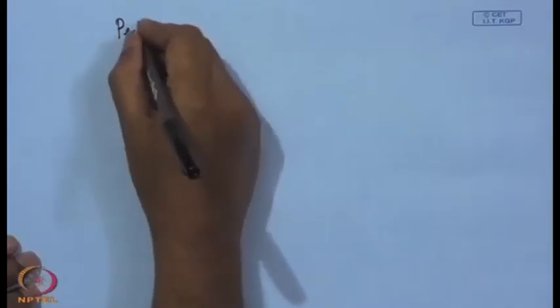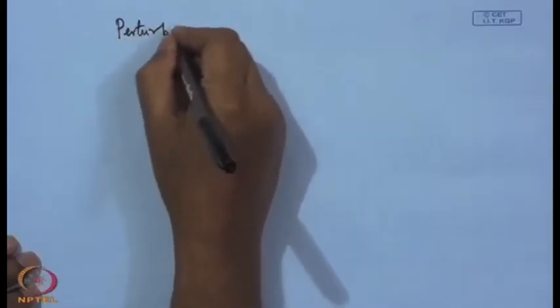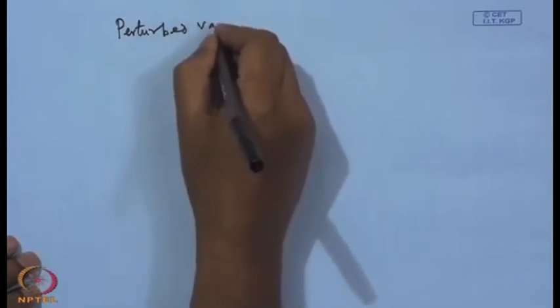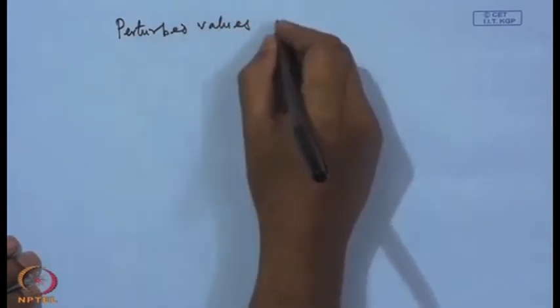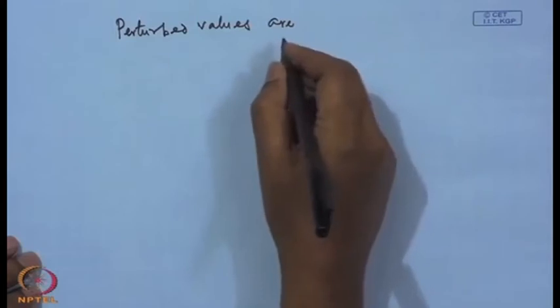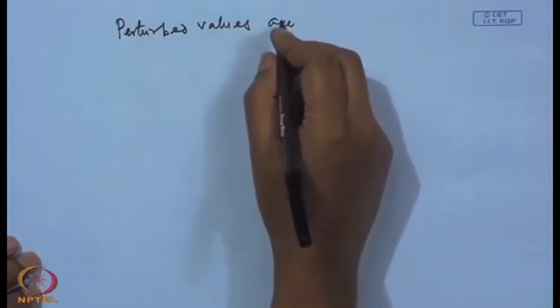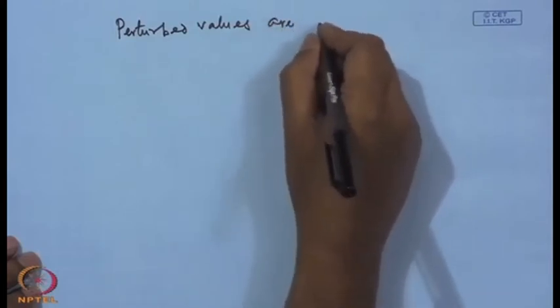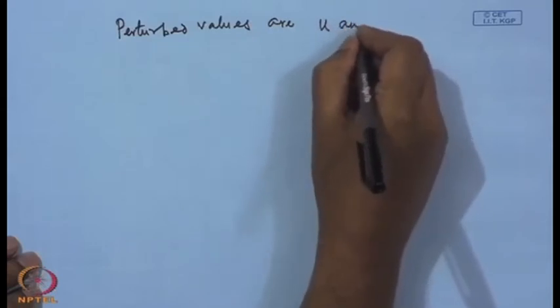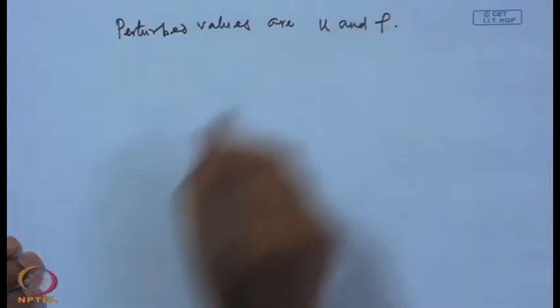Now, assume that the perturbed values are u and rho.